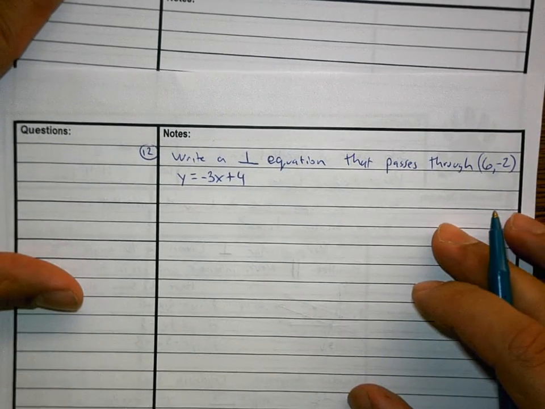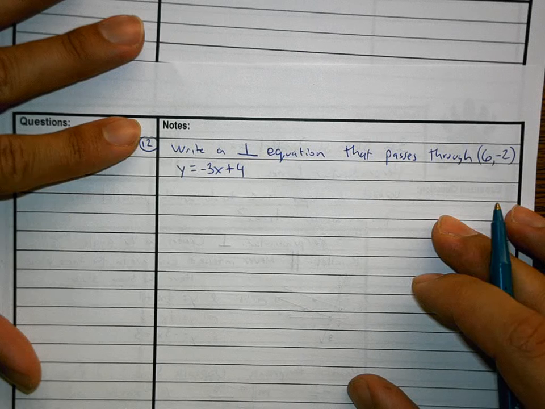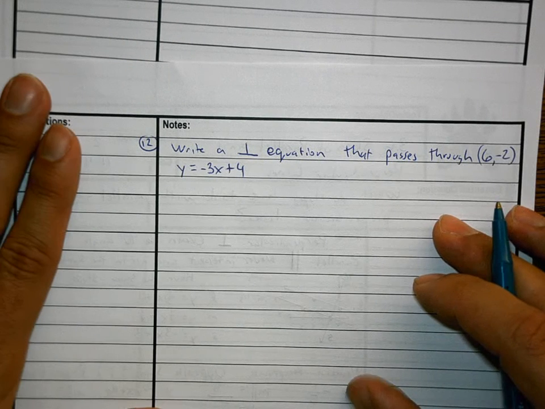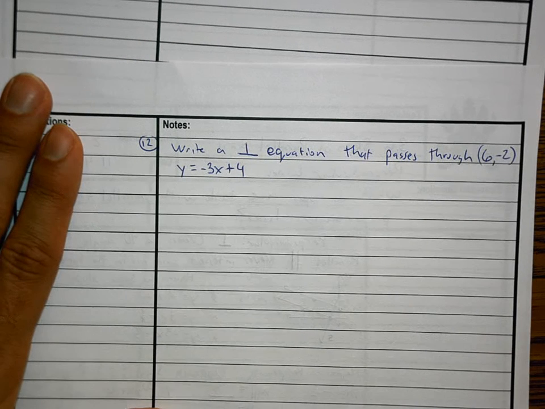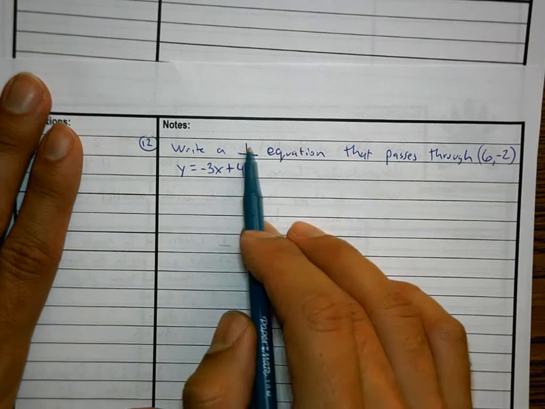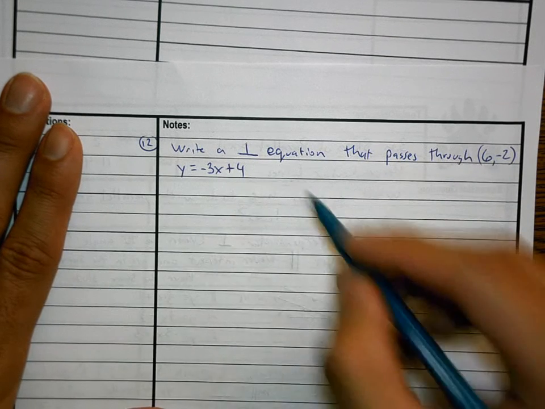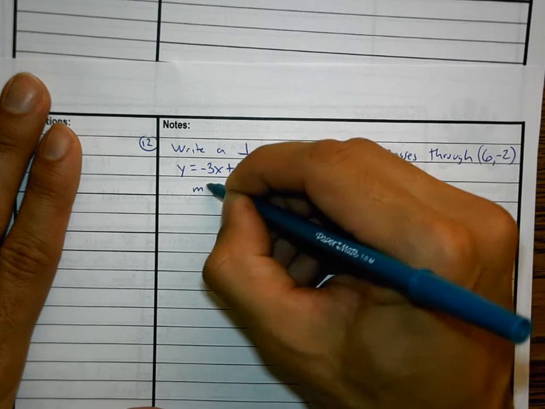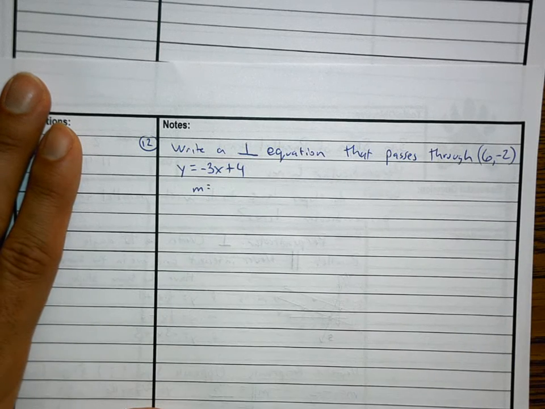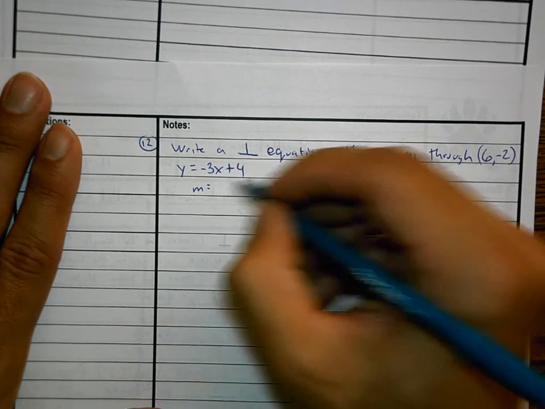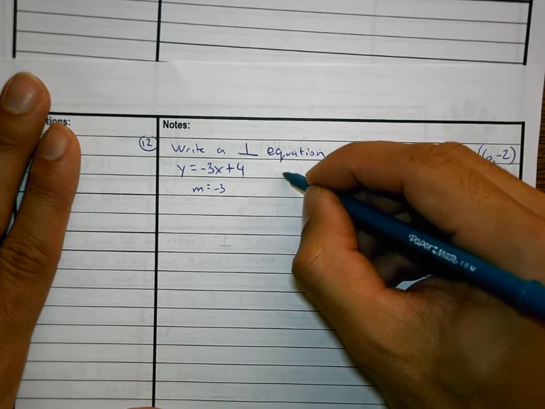Okay, write a perpendicular equation that passes through 6, negative 2, and I have y equals negative 3x plus 4. So this is the equation that needs to be perpendicular to it. So if I know what the slope is of this equation, the slope of this equation is what number? Negative 3. So then I have to know what the perpendicular slope is.